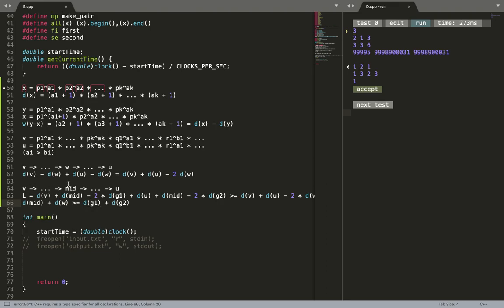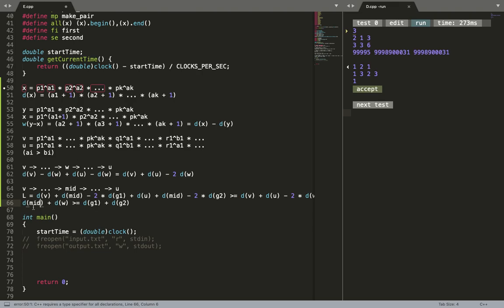Let's suppose x is not a divisor of mid. Then it is also not a divisor of g1 or g2 because g1 and g2 are GCDs of mid and something. So this is at least 0 and this is 0.